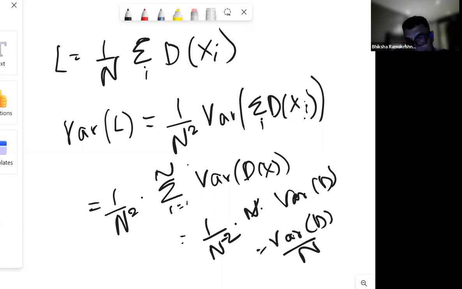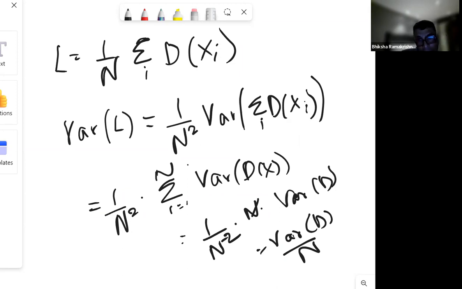So what this means is that if each of us just chose one training instance, then it goes without saying that the variance of the losses that all of us compute is basically going to be the variance of the divergence itself, because each of us is just going to compute one single divergence. On the other hand, if each of us collected n training points and then computed the average divergence, then the variance across all of our losses is going to be 1 over n times the variance of the divergence itself.